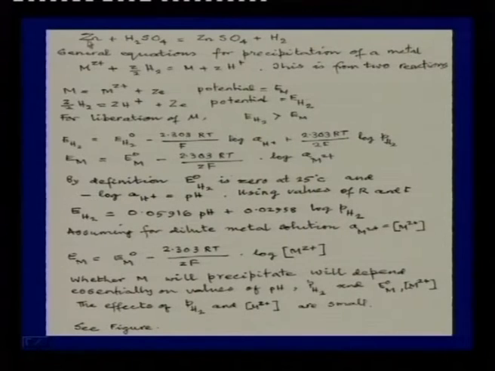We have written this reaction the other way, that we intend to convert metal ions in solution into the metallic form by reaction with hydrogen. Now, as I said, reactive metal ions normally cannot be converted to metal, because the other reaction will predominate.